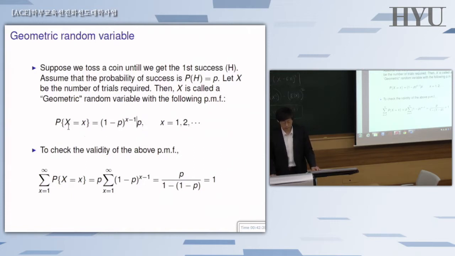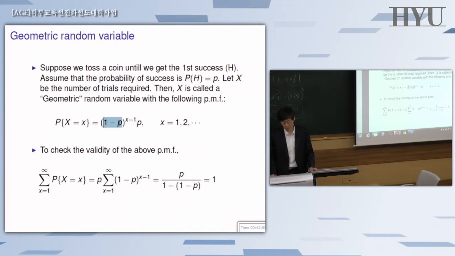For the geometric x, assume that x equals 10. The fact that you stopped at the 10th trial means that you had 9 tails before, and then on the 10th trial you ended up with the first heads. So the first probability you need to consider is the previous x minus 1, here only 9 trials, all failures, each of which is independent.